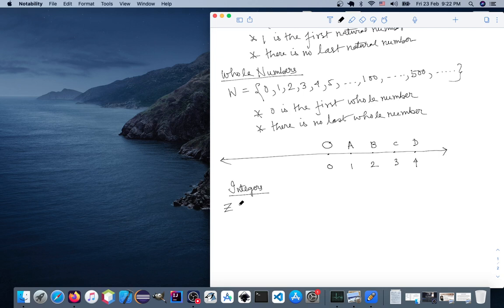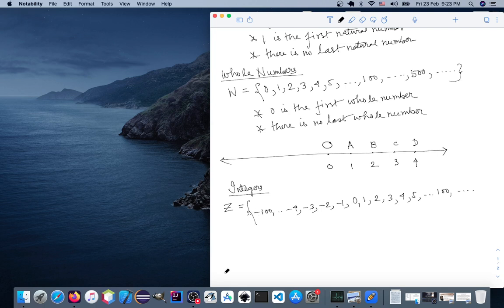So this collection is actually like, if this is 0, we have 1, 2, 3, 4, 5, and so on, somewhere 100, and so on. Over here we have -1, -2, -3, -4, -100, and so on.